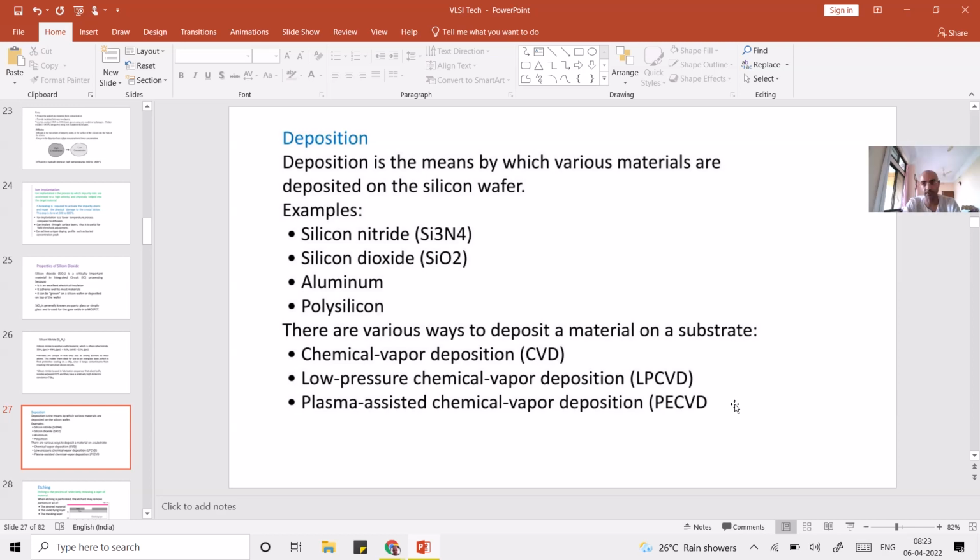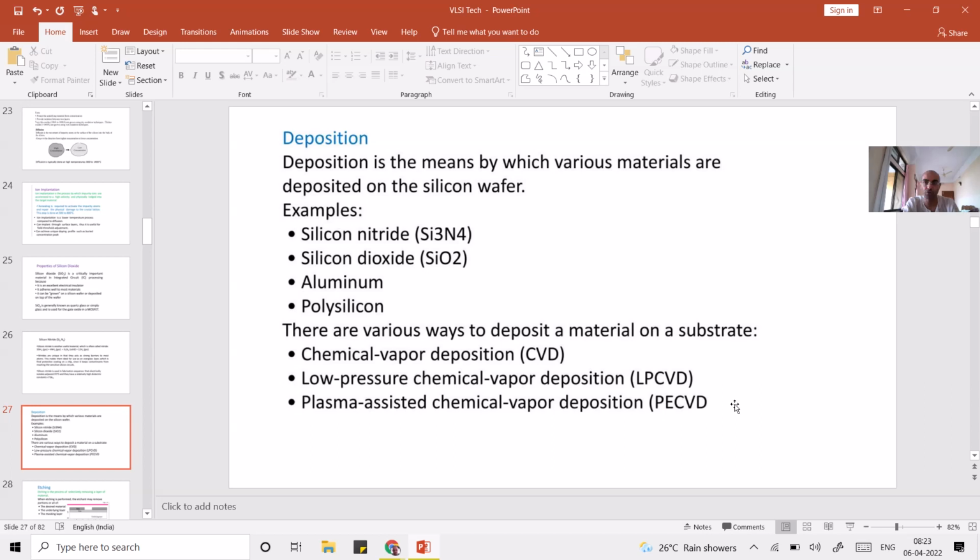With this temperature control in the plasma, basically you have to control the electron energy, the bombardment energy, the energy with which the material will get bombarded. Not the substrate, but the chemical which you want to deposit.